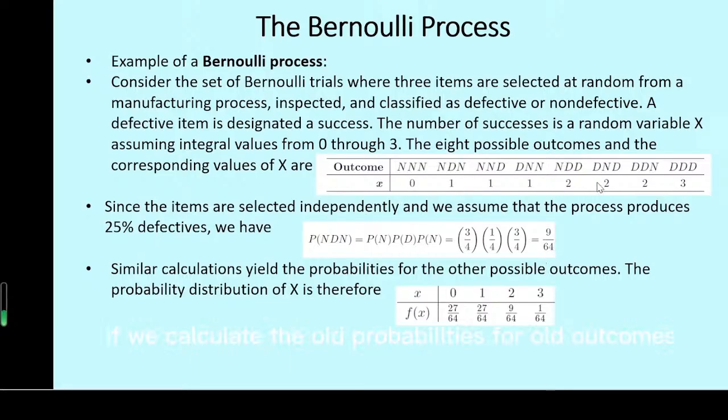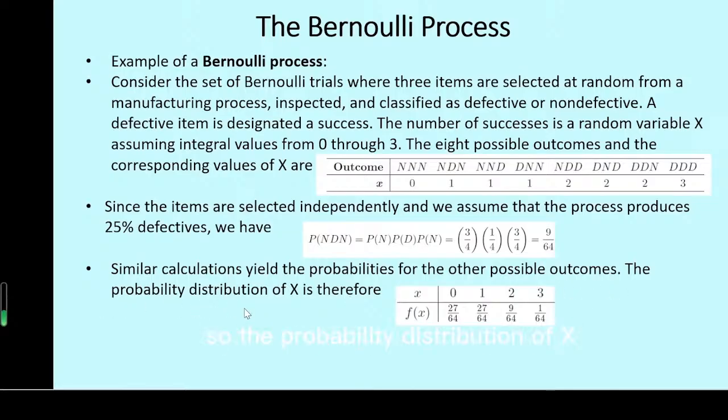If we calculate the probabilities for all outcomes and sum them together, we get 1 for all possible outcomes. So this is clear, right? Because only one of these 8 outcomes will occur. Similar calculations give the probabilities for the other possible outcomes.